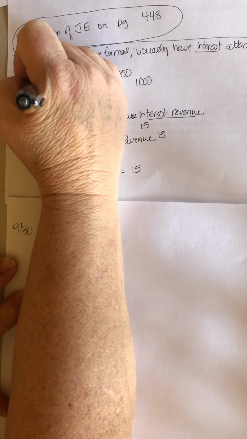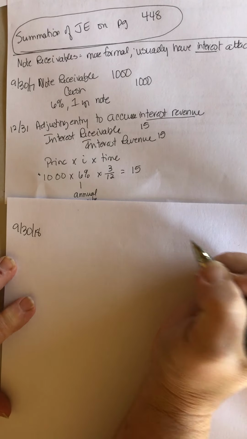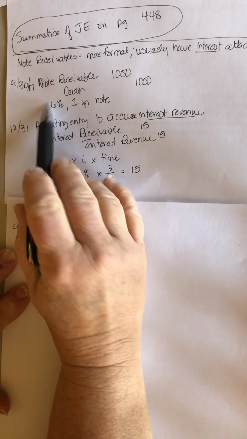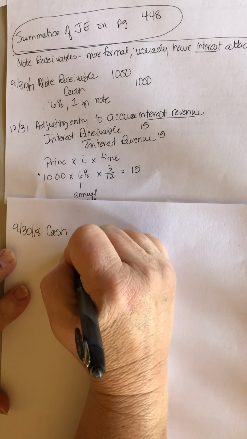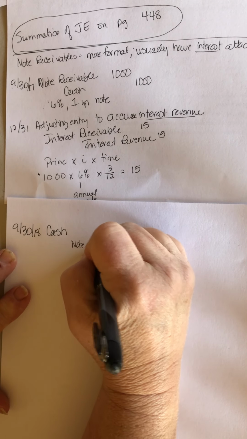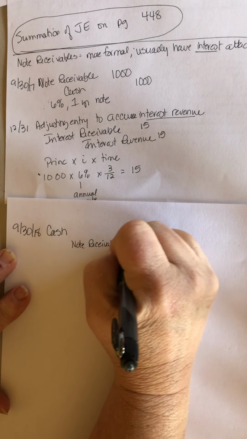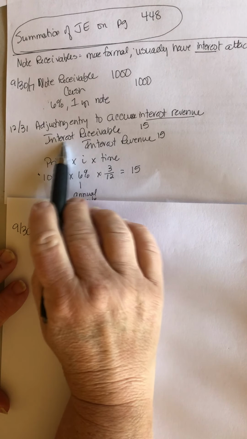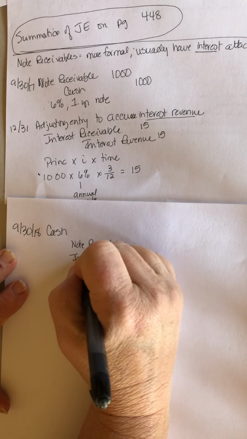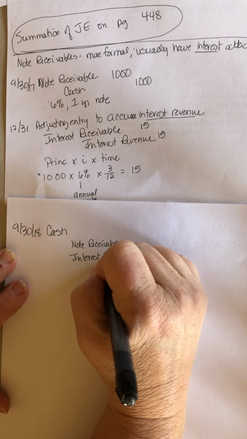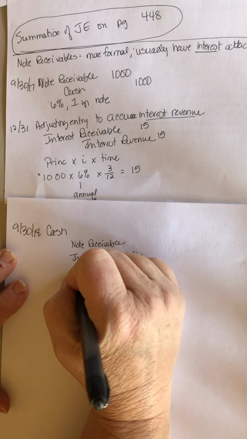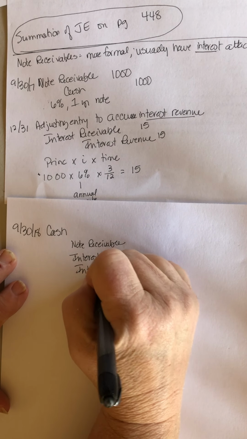So let's say this was 17 and this is 18. I don't really know what the dates are. She's going to pay me cash, paying me back for this note receivable. And I'm also going to collect this interest receivable that I accrued earlier, and the interest revenue.